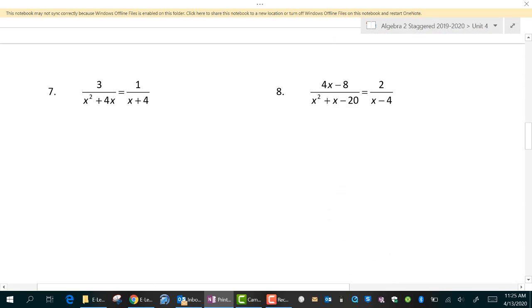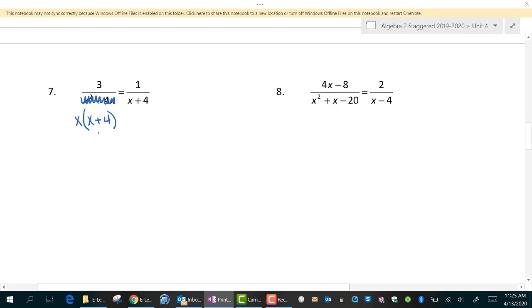Okay, looking at number 7, the first thing I do is factor the denominators. Over on the left-hand side, since I have x squared plus 4x, I see that they both have an x in common. So I'm going to factor out an x, and I'm left with x plus 4. I'm just going to cross this off. On the right-hand side, I only have an x plus 4, so I cannot do anything there.